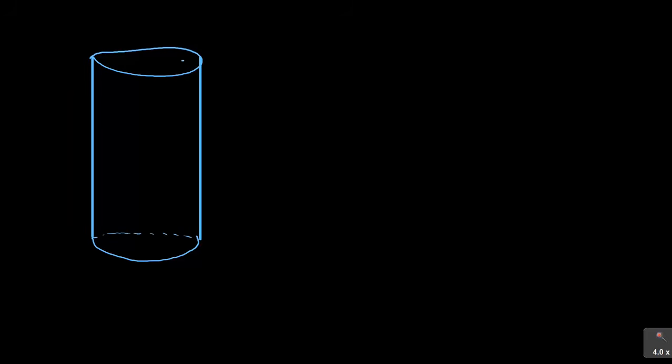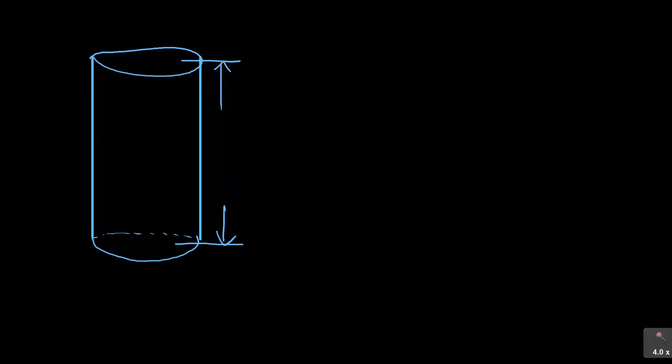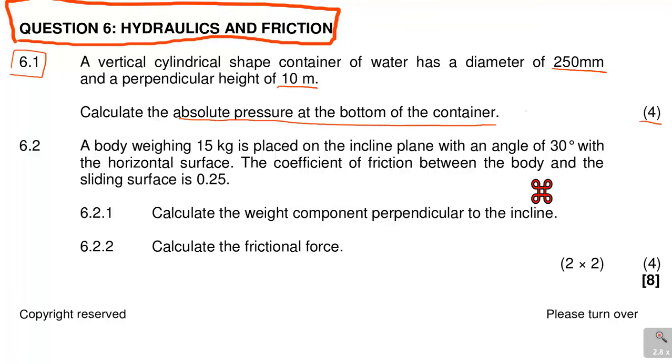Now this particular container, they are telling us it has a perpendicular height of 10 meters. So this is the height, which is 10 meters. And also it has a diameter of 250 millimeters.